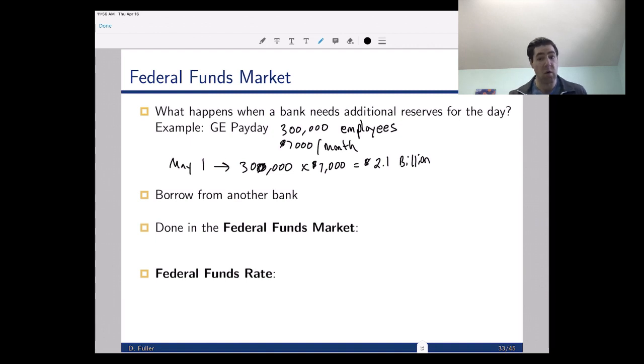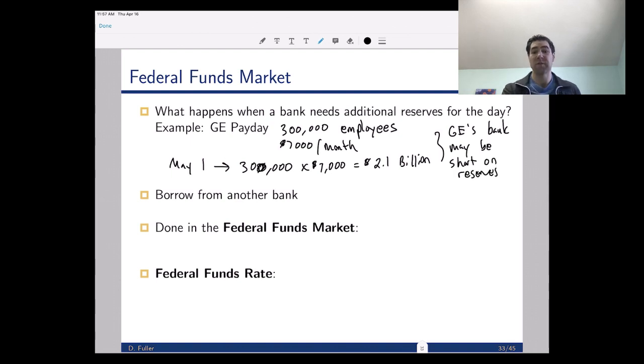In order to still cover all the other transactions that they have to engage in on May 1st, all the day-to-day stuff. And so it turns out that, sometimes banks may fall a little bit short. So GE's bank may be short on reserves. Right?